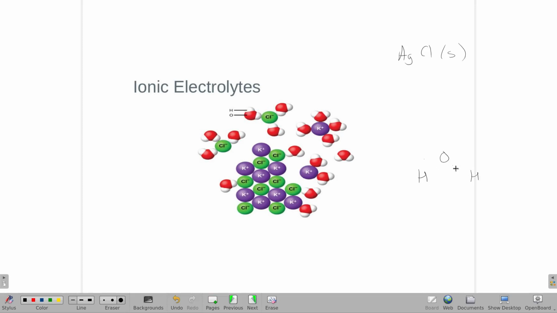So we go back to our Lewis structures, where we started talking about dipole moments and electronegativity. We said the electrons were moving towards the oxygen. That negative charge that builds up on the oxygen is what gets attracted to the cations, and the positive charge that's near either one of the hydrogens is what gets attracted to the chlorine.